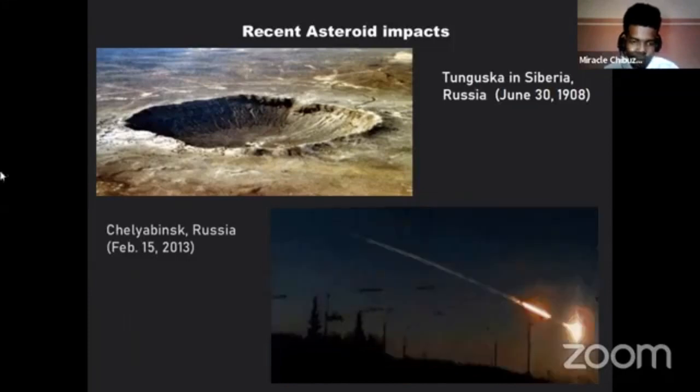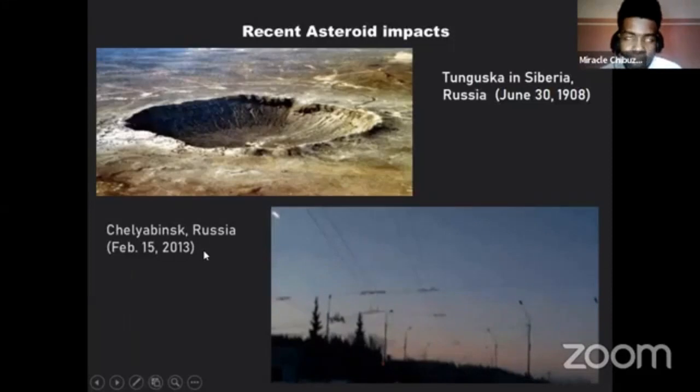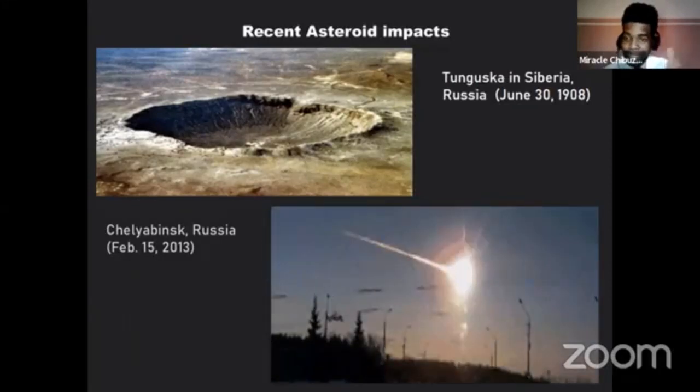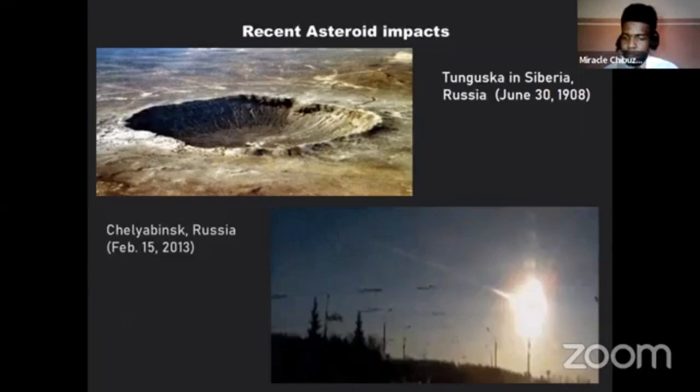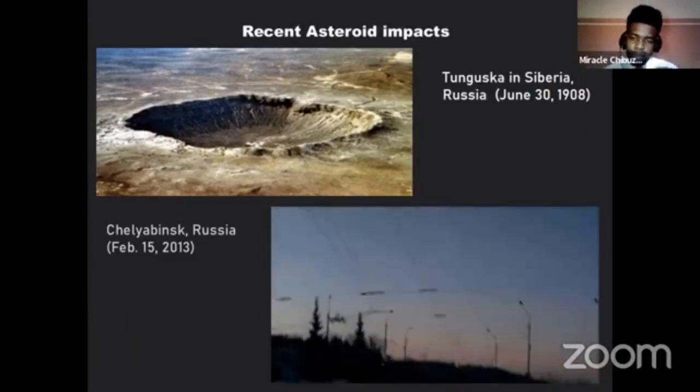Then in 2013, when I was preparing for my university entrance examination, an asteroid hit Earth in the daytime, in the same Russia. The problem with this is it came from the direction of the sun, and if something is coming from the direction of the sun, you won't be able to see it.